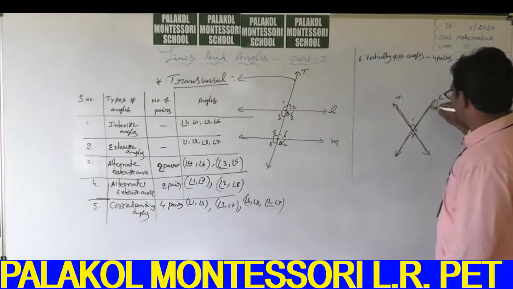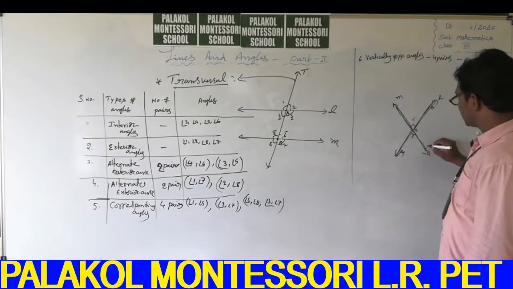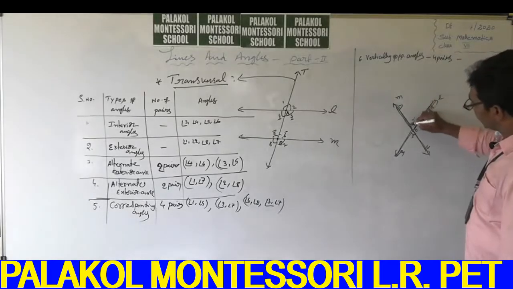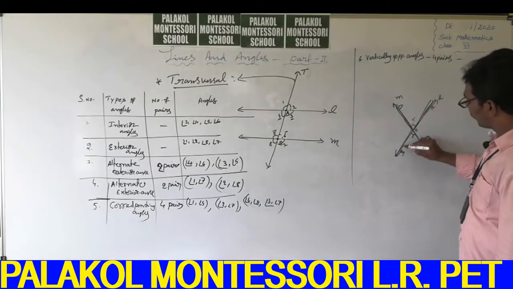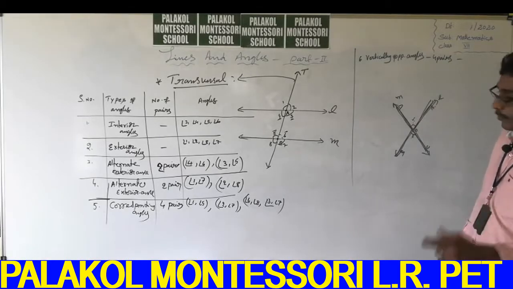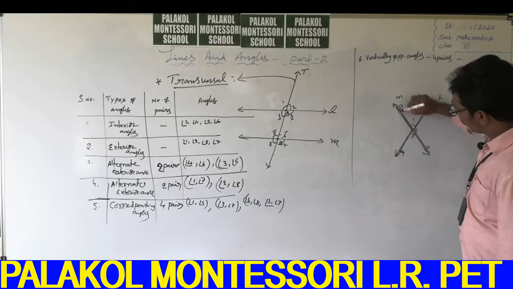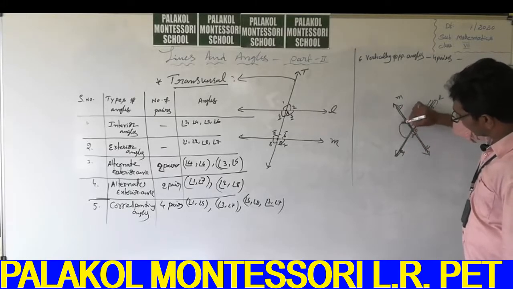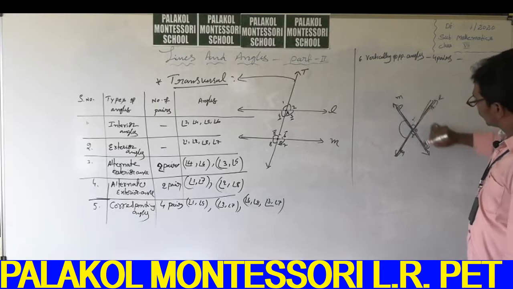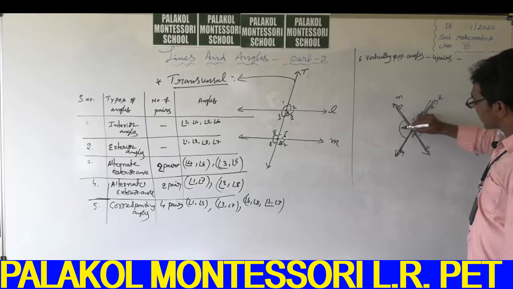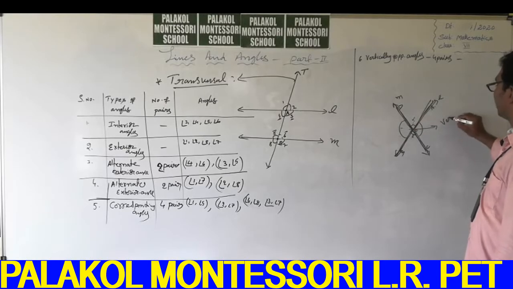Suppose this is AOB, this is COD. Angle AOD is equal to angle BOC. Those angles are vertically opposite. Angle BOD equals angle COA. These angles are vertically opposite angles.